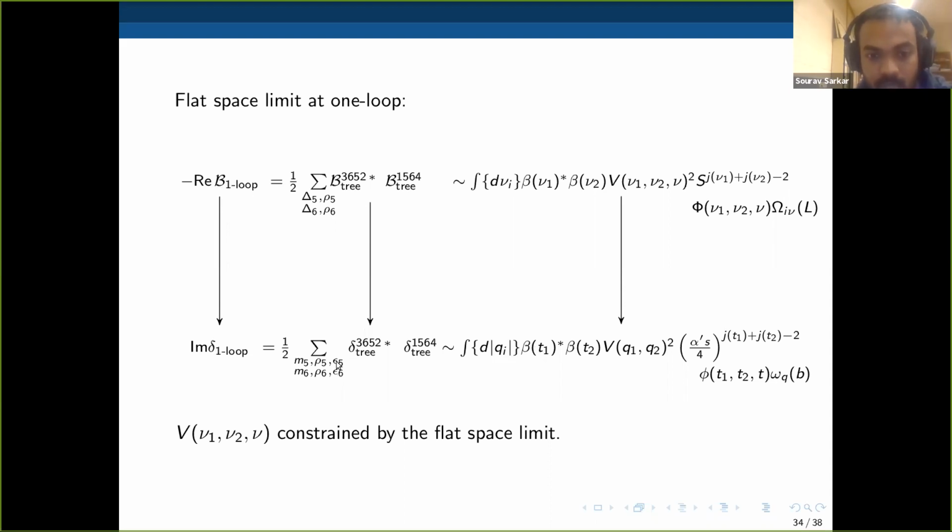The sum over polarizations here is taken care of by the index contractions across the two B's, and the same for this result. And here we now have an additional constraint on the AdS vertex function from the flat space vertex function, which was calculated by Amati, Ciafaloni, and Veneziano.